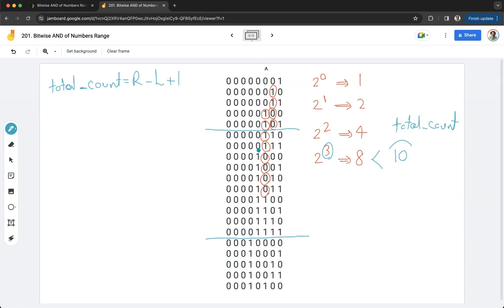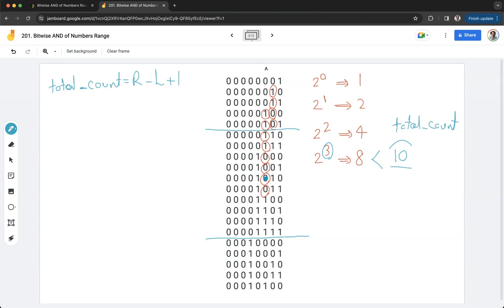These two are 0. And it doesn't matter where you pick your 10 numbers. If you have 10 consecutive numbers, there is at least one 0 for bit 3. This is the key. All right. So if this is the case, that bit is definitely 0.